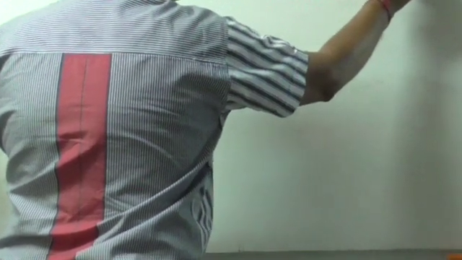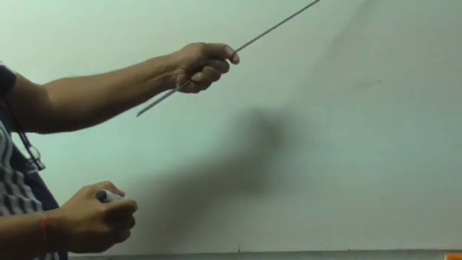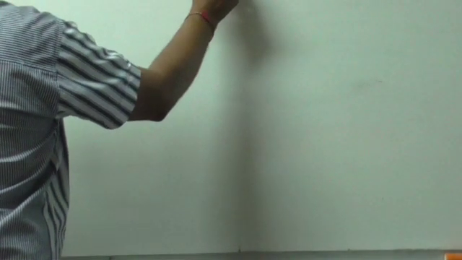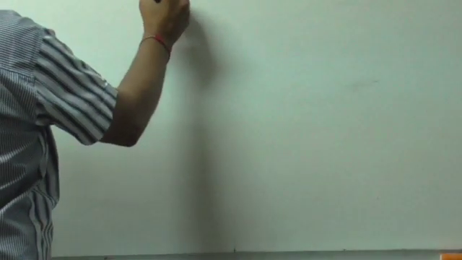So now, wherever there is x, you must put a. So f of a is equal to a squared plus 5 into a plus 6, which will give you a squared plus 5a plus 6. So you will say the remainder is equal to a squared plus 5a plus 6.